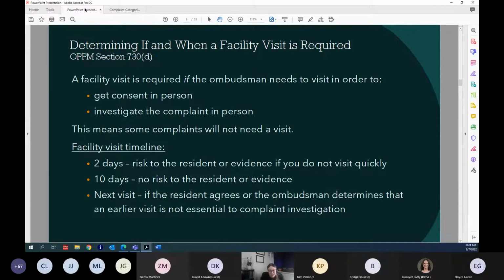Of course, this means that not every complaint will require an in-person visit. For example, probably many of us have residents who call us quite frequently. We know them well. Maybe they have similar complaints month after month or day after day, and we've already really worked those complaints, and we feel that the facility is responsive, and maybe the complaints aren't even verified, but it's something that the resident likes to call and talk with us about.